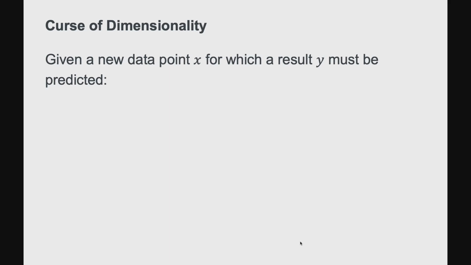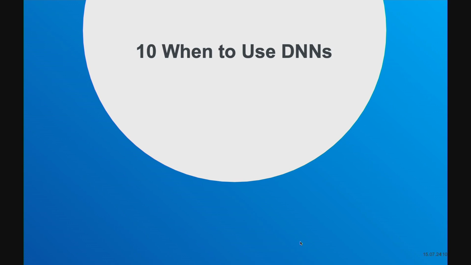So when to use deep neural networks? This is also some general consideration. And the "when" of course also implies that you should not always use a deep neural network. If you have a simple task, you may be better off with logistic regression or support vector machines or whatever.